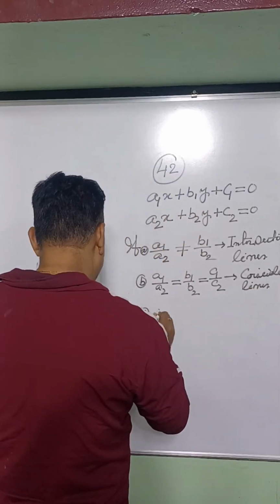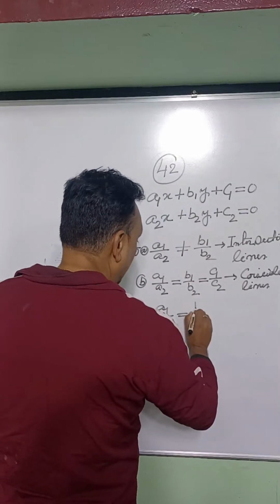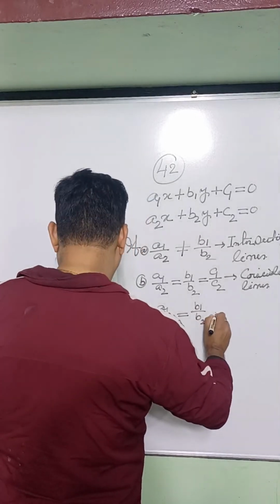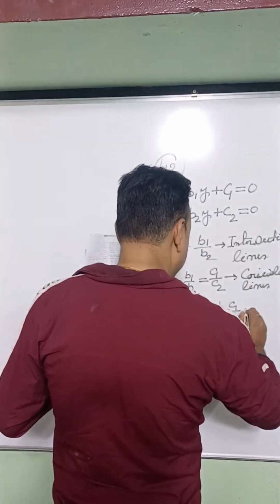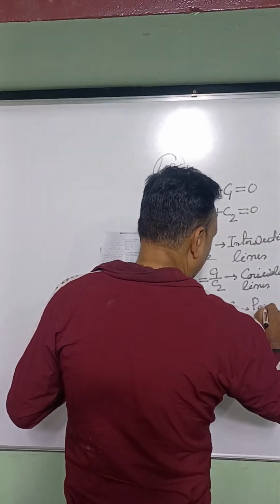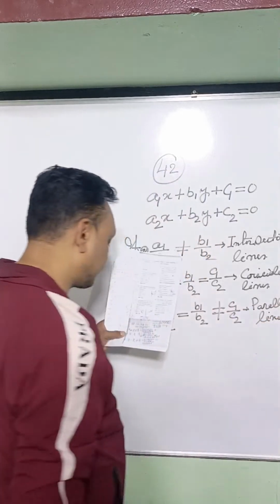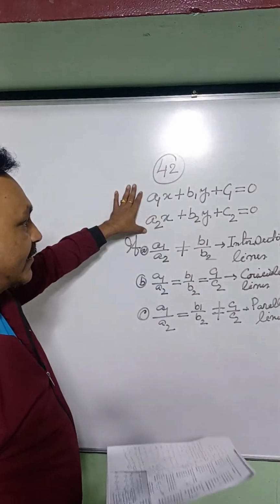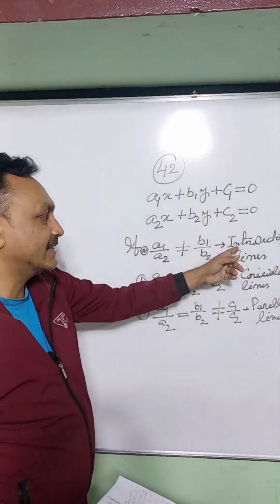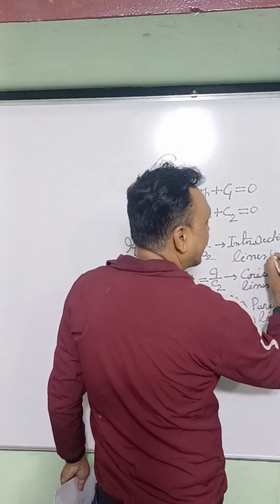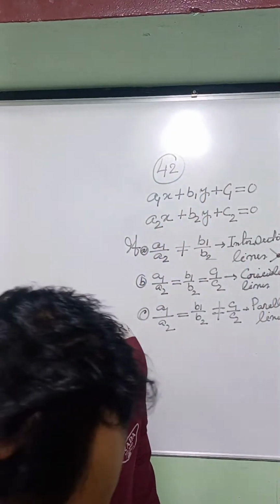Another condition is if a1 by a2 is equal to b1 by b2 but not equal to c1 by c2, then it's parallel lines. If a1 by a2 is not equal to b1 by b2, then the lines are intersecting at a point. So they have a unique solution.